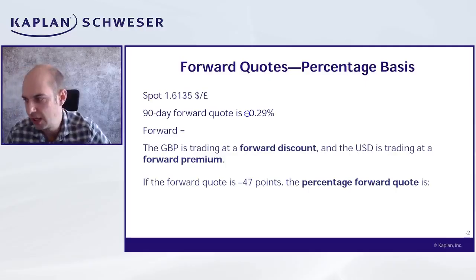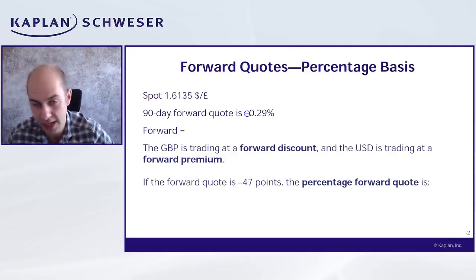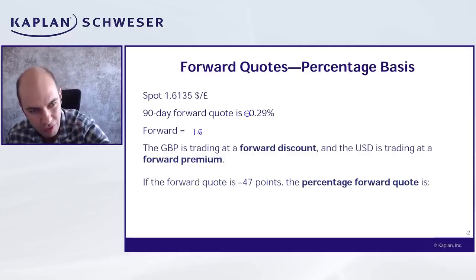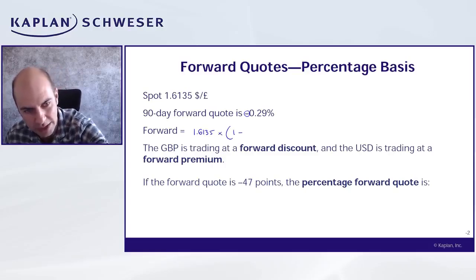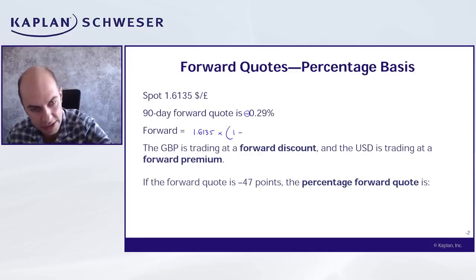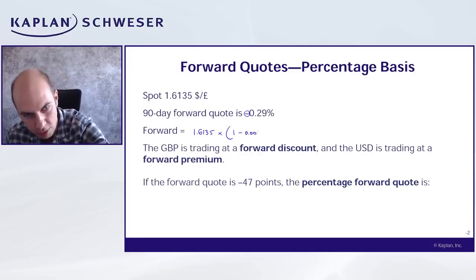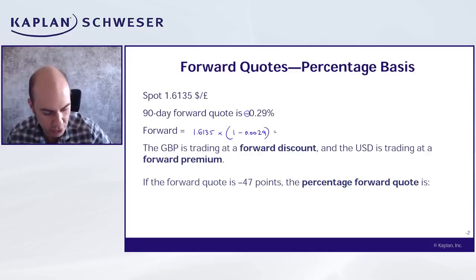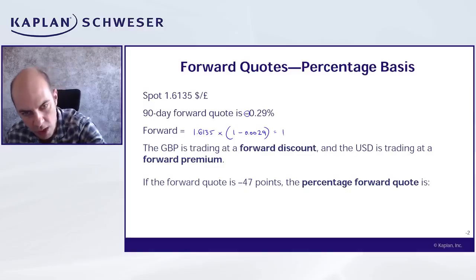So you're just gonna apply a HPR formula. You're basically gonna haircut or discount the spot by 29 bips. That's pretty straightforward. So just take the spot, then do 1 minus, put the 29 bips in a decimal, which means spot times (1 minus 0.0029), effectively haircutting the spot down to 1.6088.